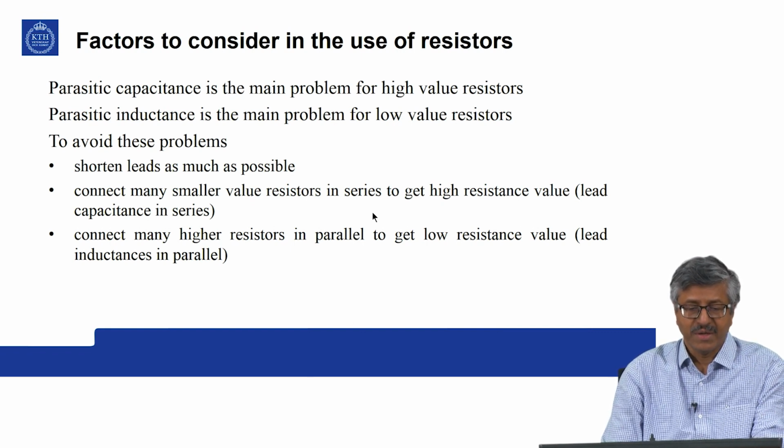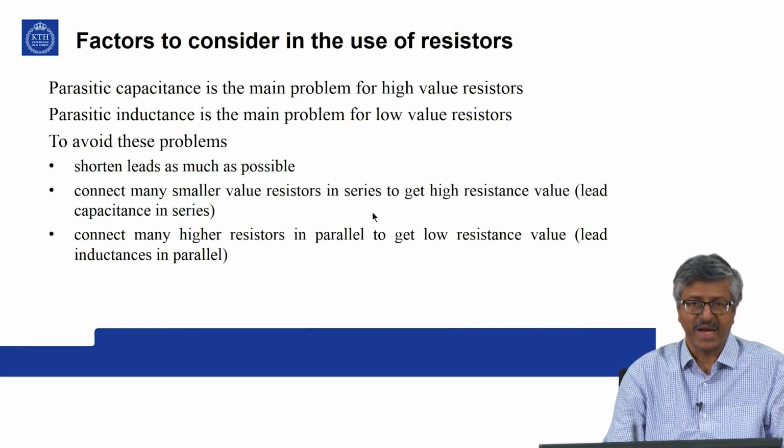Now, if you want a low value resistor, you can take slightly higher value resistors and connect them in parallel, because then you are connecting all the parasitic inductances in parallel, effectively reducing the inductance problem. So, these are the two techniques you can use in circumventing the effect of parasitic elements. So, that is the end of module 2.